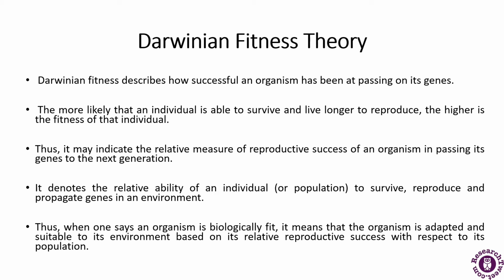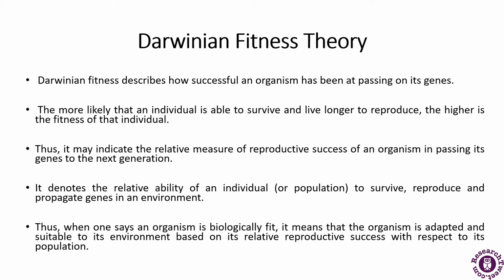In this, he describes how successful an organism has been at passing on its own genes. How can an organism pass on its own genes? The more likely an individual is able to survive and live longer to reproduce, the higher the fitness of that individual.